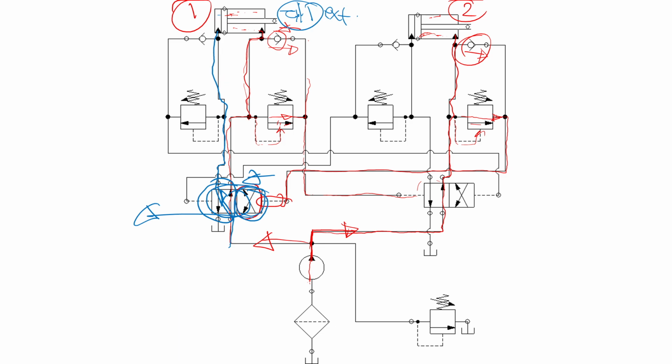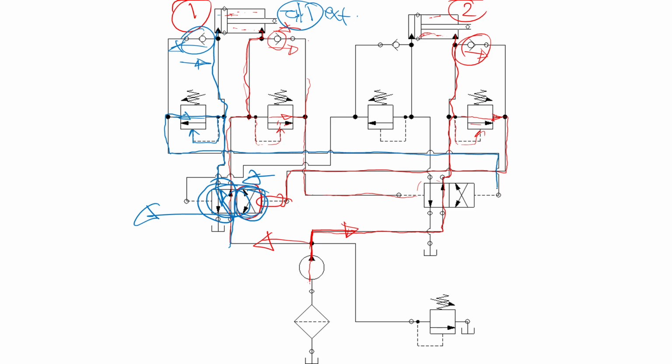And then what's going to happen similarly is, once it is fully extended, the flow will try to go this way. This check valve will not allow that, it only allows flow to the right, and then that will activate this pilot line and this pressure safety valve. So then flow starts to go this way, and you follow this line all the way.